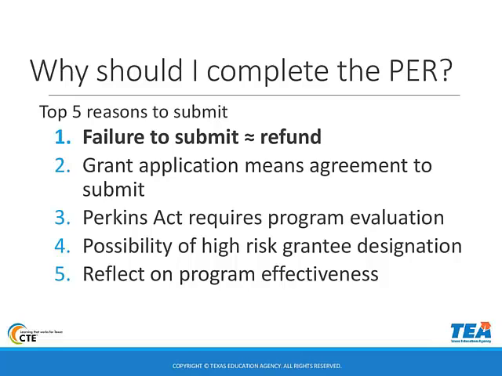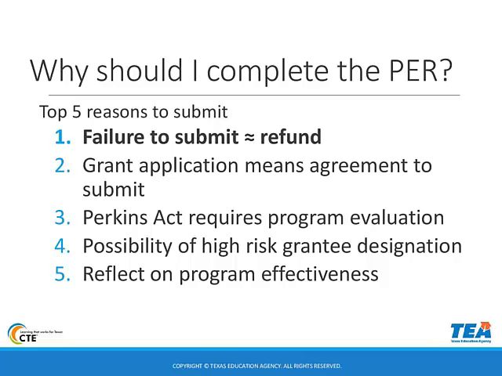The Perkins Act requires program evaluation. So if you're going to participate in Perkins, you've got to do some type of evaluation. When you certify and submit that grant application, you agreed that you will do the program evaluation report. That's part of what the assurance is.